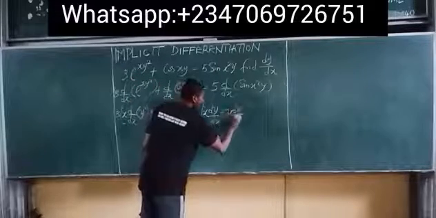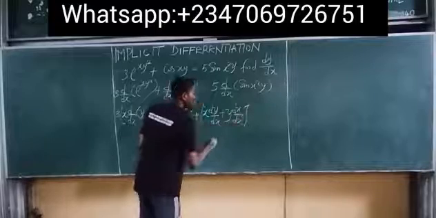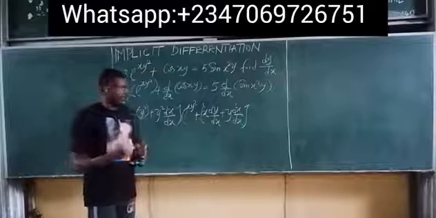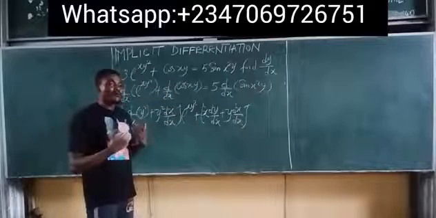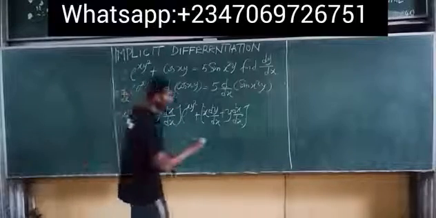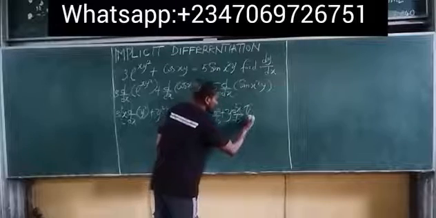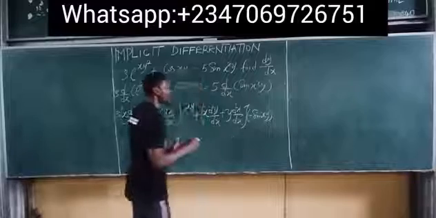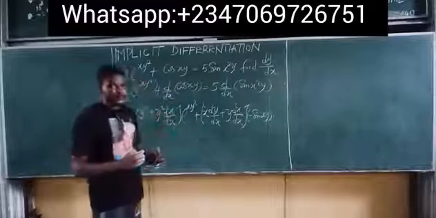So I will have dx over dx. Having done this, you now differentiate the trig function itself. If I differentiate cos, I will simply have minus sine. So multiply by the derivative of the trig function, minus sine xy. This becomes the differentiation of this whole function.